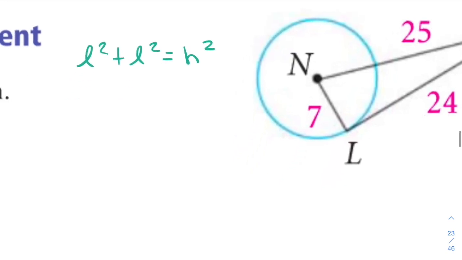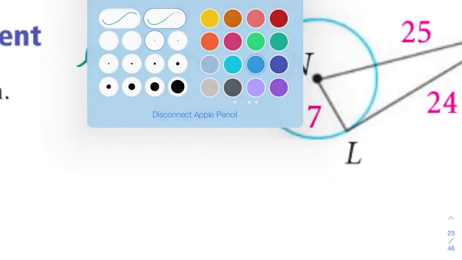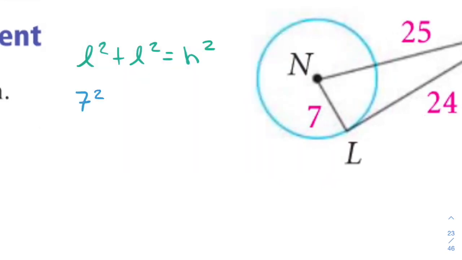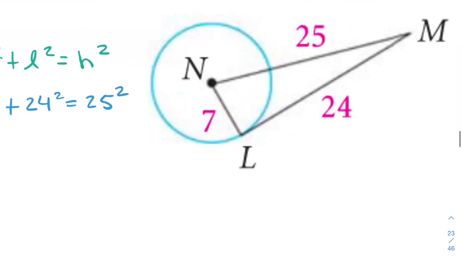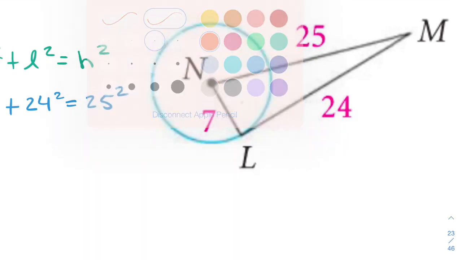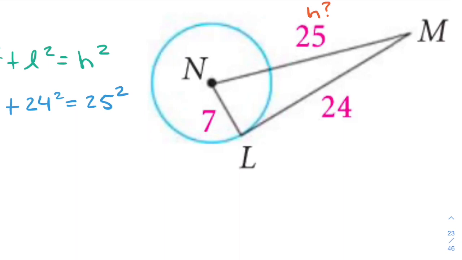So we are going to put numbers in: 7 squared and 24 squared. Does that equal 25 squared? How did I know to use 25 there? Remember, if this is a right angle, which I can't assume yet, across from it would be the hypotenuse. So that's why I put 25 there.